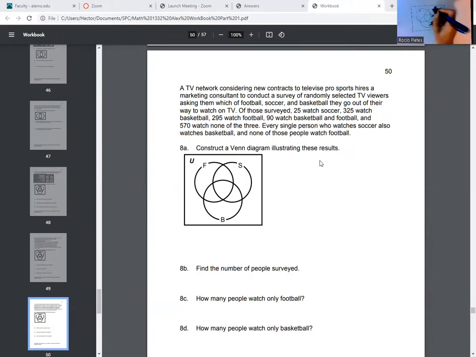F is football, S is soccer, and B is basketball. And which one do you prefer? I would ask you if you were here, football, soccer, or basketball. I know my dad would prefer soccer. Well, he passed away, but he loves soccer. Oh my goodness, he was such a fan. And my younger brother, basketball is the main thing for him. I don't understand football very well, to be honest with you.